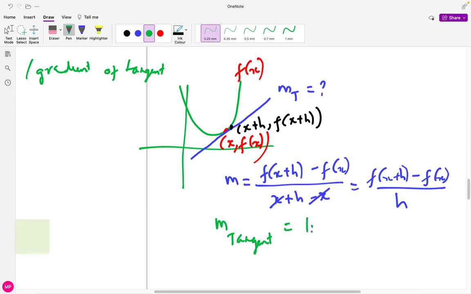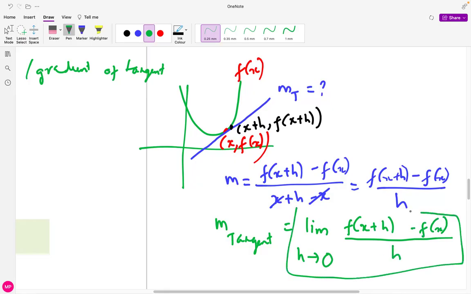That's where we use the limit, limit of h approaching 0. If h approaches 0, those two points become identical, and you have a tangent there. So the gradient we just found, f of x plus h minus f of x over h, we call this the first principle. It helps you find the gradient of the tangent.